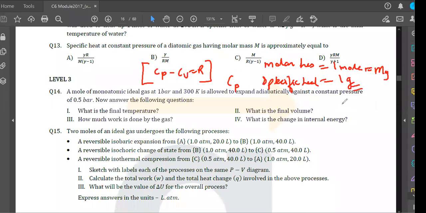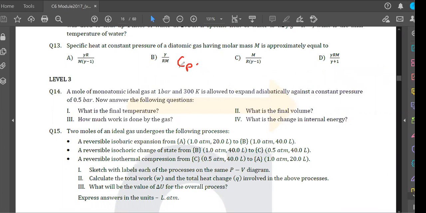So for 1 gram, it will be divided by M. So this equation will be written as Cp minus Cv is equal to R for 1 mole. For 1 gram, it will be C dash P minus C dash V is equal to R by M.